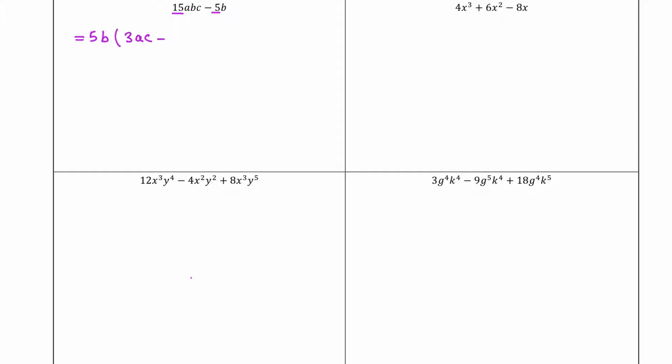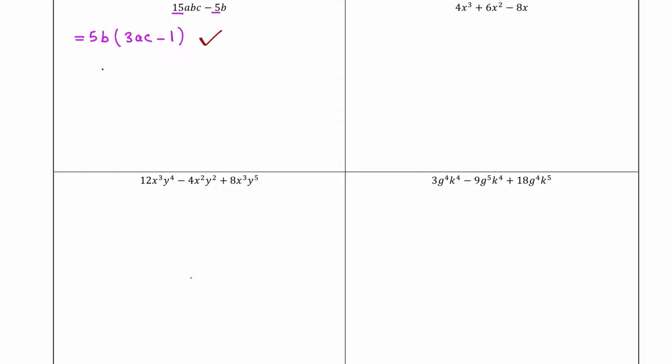And then minus 5b divided by 5b. I'm dividing 5b by itself, so I should get 1. And that should be my solution. So this can be done in one step. You can show your steps of how you divide it.